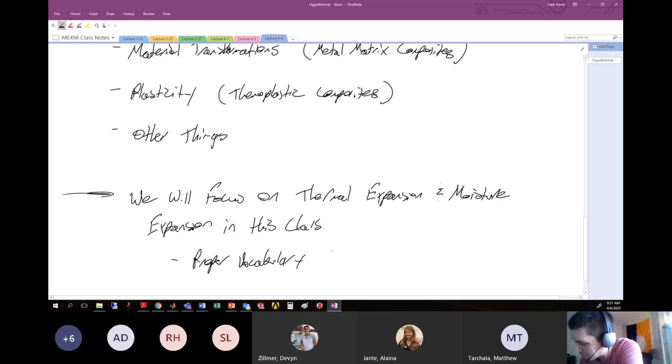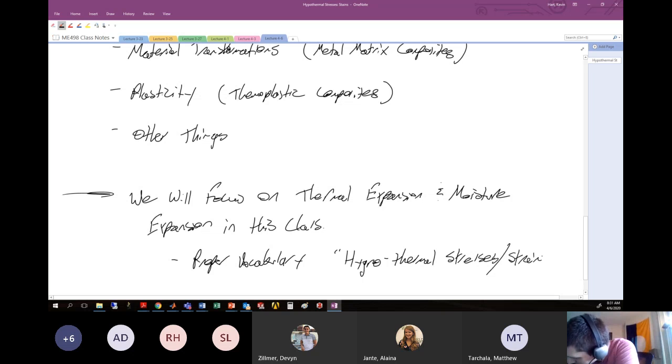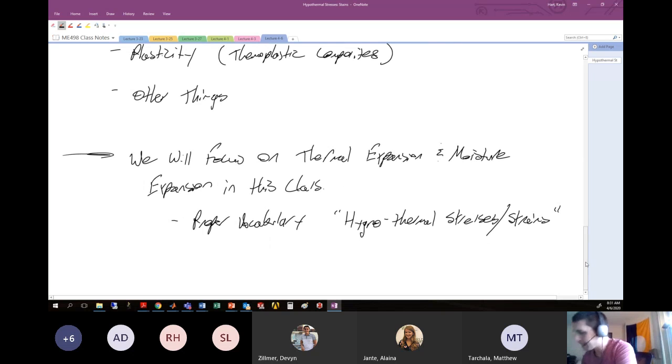Proper vocabulary, we would say that we're discussing hygrothermal stresses and strains. Okay, so there's your proper vocabulary. Hygro meaning moisture absorption, thermal meaning thermal, stresses and strains which develop.